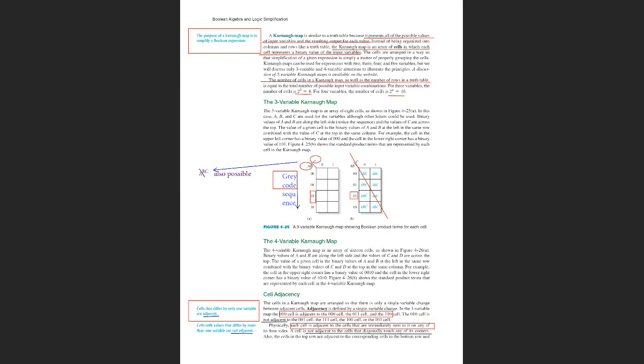It is in gray code order, because we want every row to differ from the adjacent row by just one value of the combination. So between 0, 1 and 1, 0 would be two changes, because A, which is 0, then is 1, and B, which is 1, then would be 0.